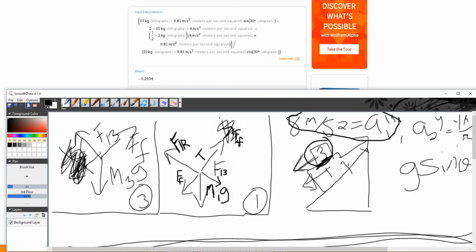So whatever the friction force is, it results in a net force acting on mass 1 such that it goes down the ramp at 8 meters per second squared.